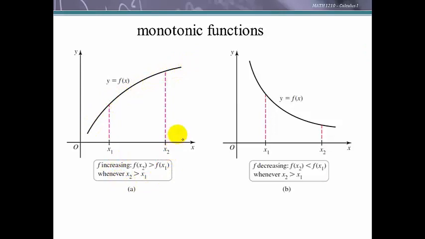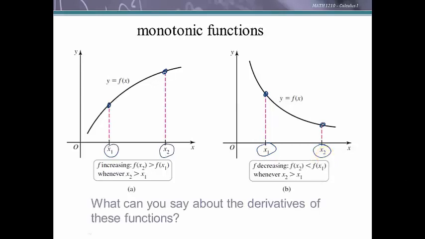We can define that to say that it's increasing if the function value at x2 is always greater than the function value at x1 when x2 is greater than x1. Similarly, to define decreasing, the function value at x2 is always less than the function value at x1 if x2 is greater than x1, and that tells us our function is decreasing.